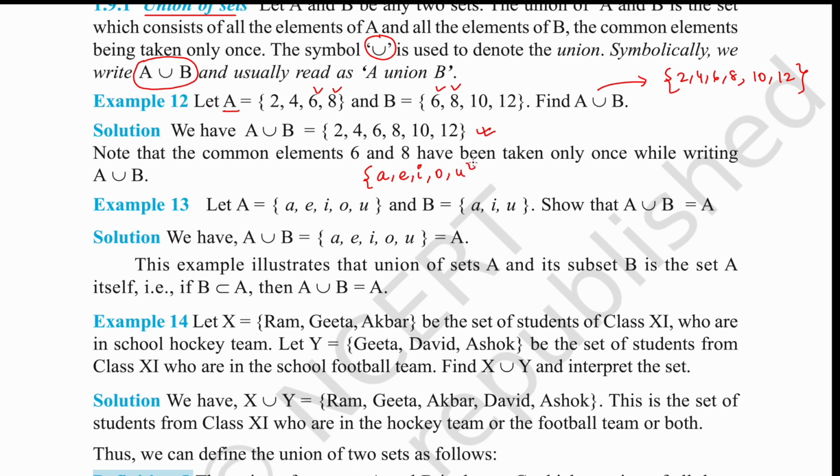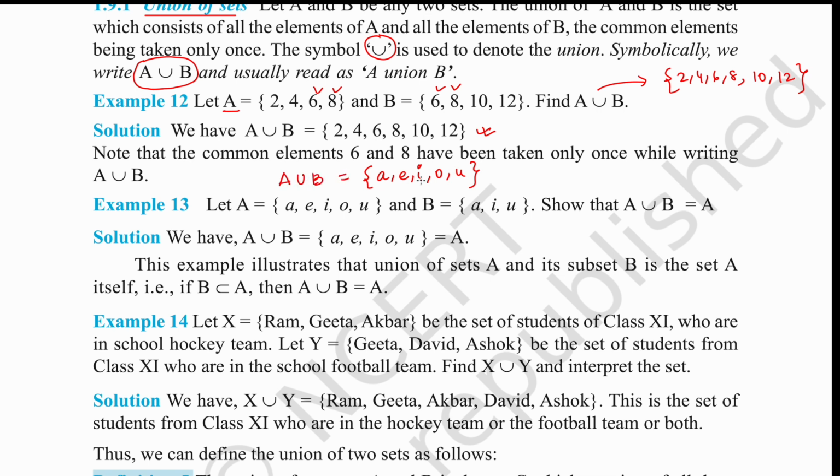But if you have written all the elements of set A, you can clearly see that the elements of set B are already written inside it. So you already have A inside it, I inside it, and U inside it, right? So if you form this set, there are all the elements of A and all the elements of B, right? So this will be nothing but your A union B.